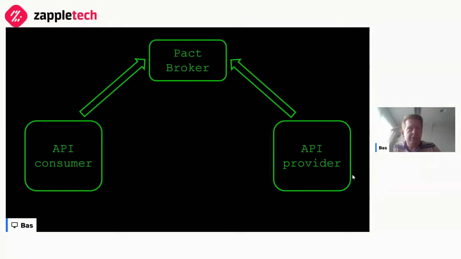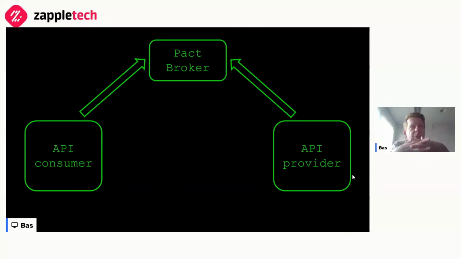The bidirectional approach to contract testing is a little bit different. It's no longer either the consumer or the provider that dictates what's going to happen. With bidirectional contract testing, those two parties can each give their own version of a contract.